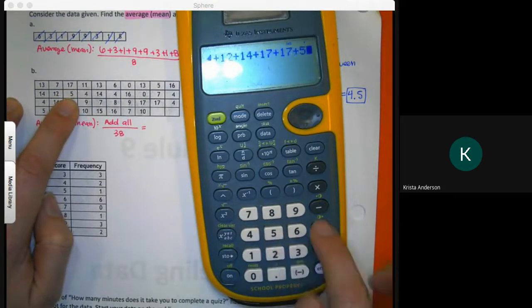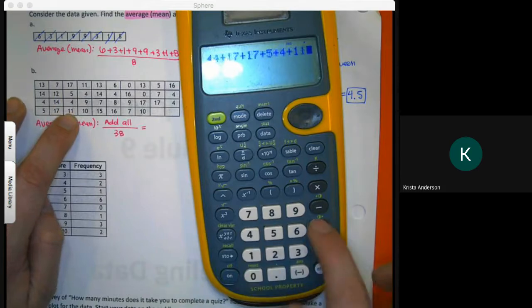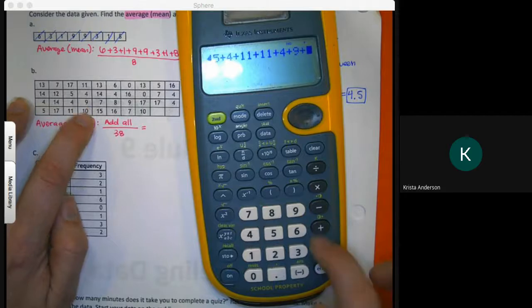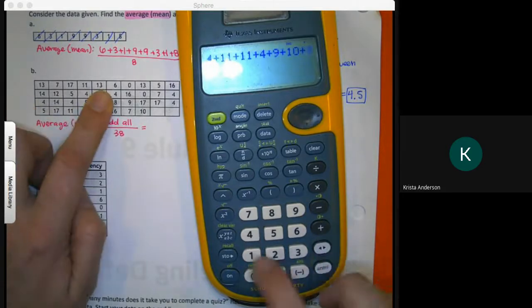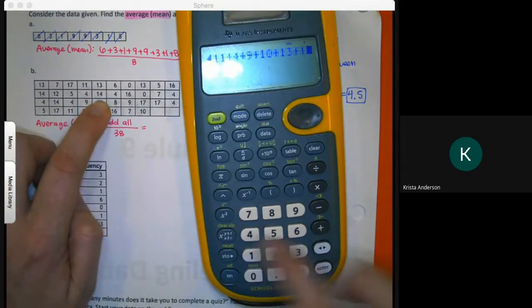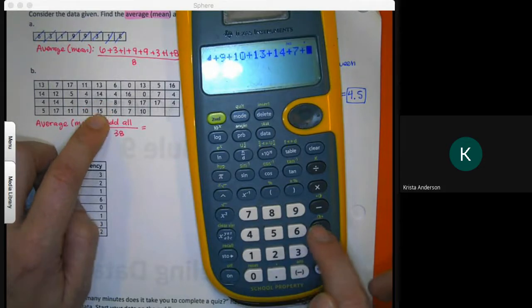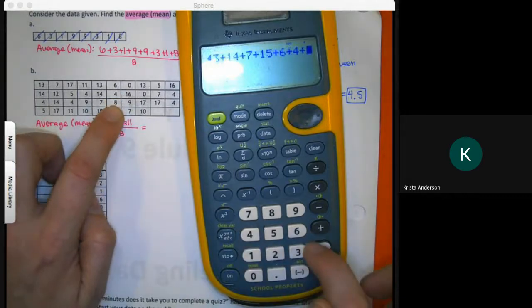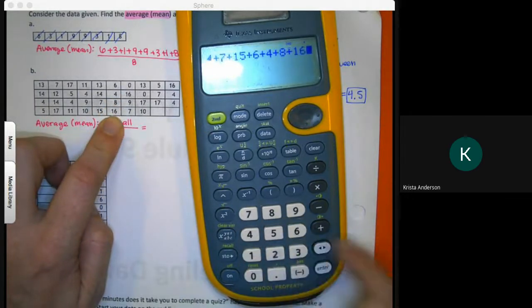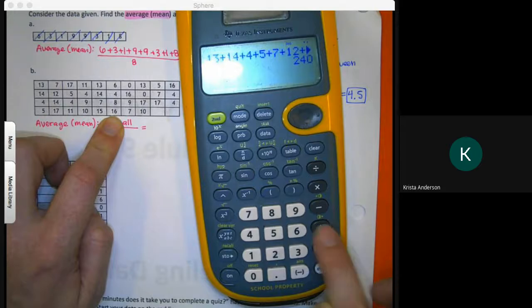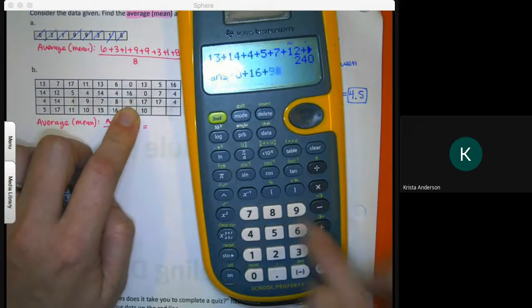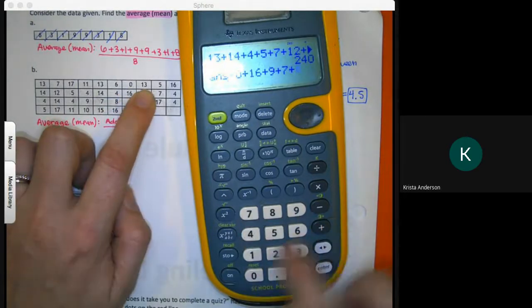Plus 5 plus 4 plus 11 plus 7 plus 13 plus.